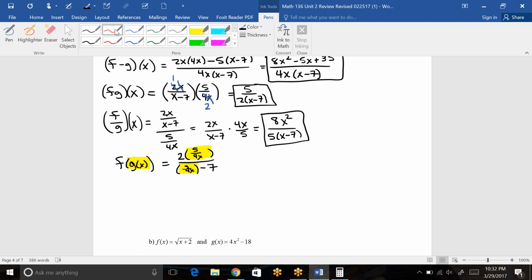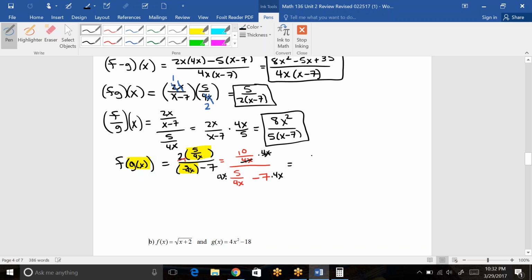Now, anytime I'm dealing with fractions inside of fractions, if it was me, I'd probably clean this up first by multiplying that 2 and 5 together, since that's like a 2 over 1. So this would be 10 over 4x over 5 over 4x minus 7. If you multiply everything on top and bottom by 4x, that will clear out those little fractions.